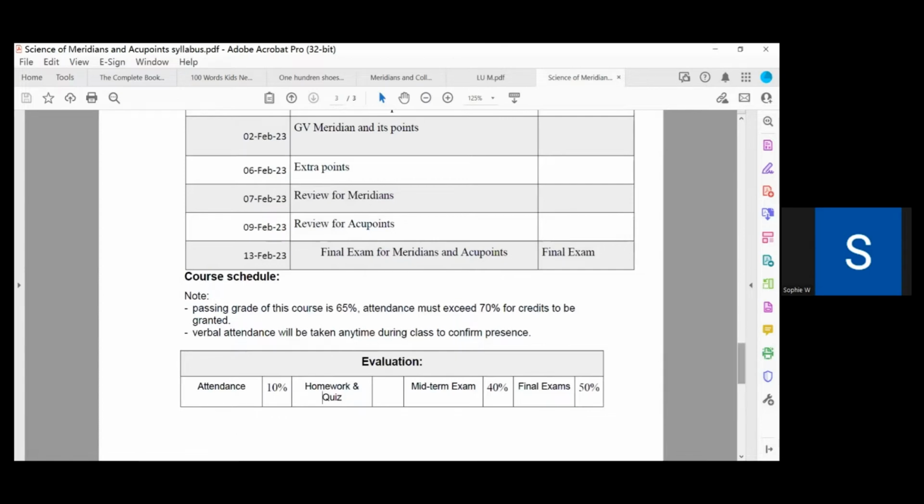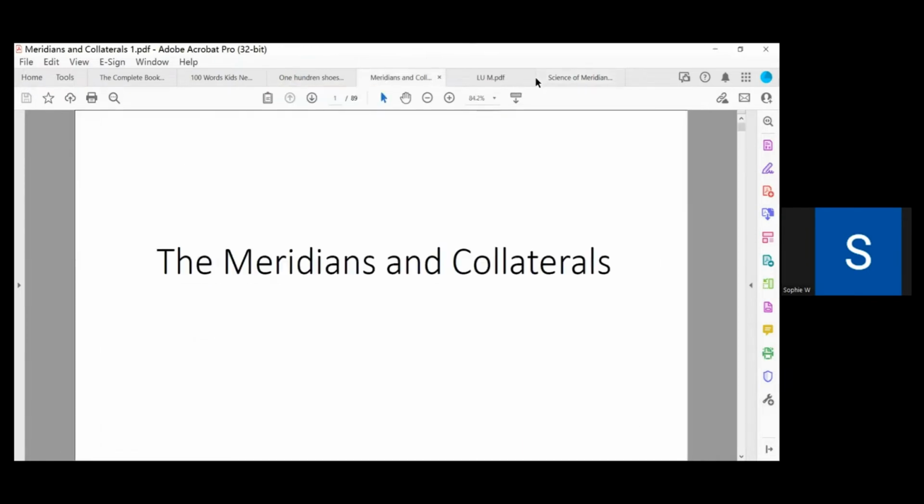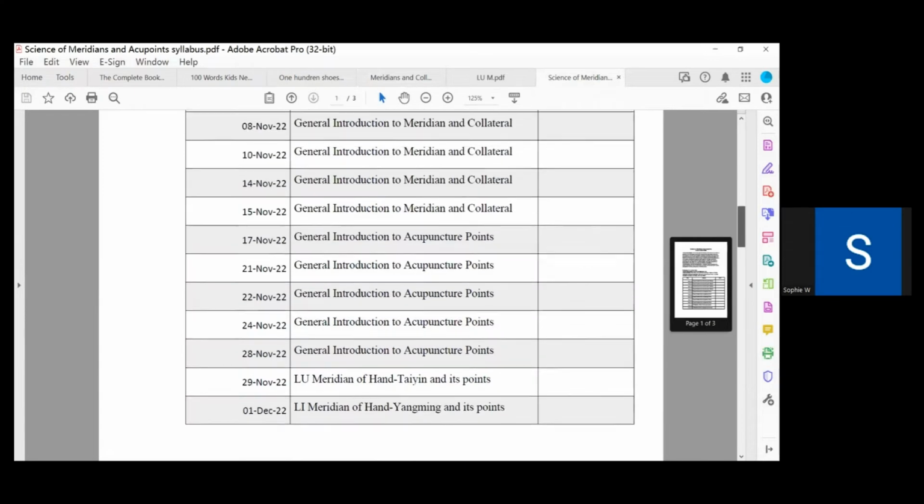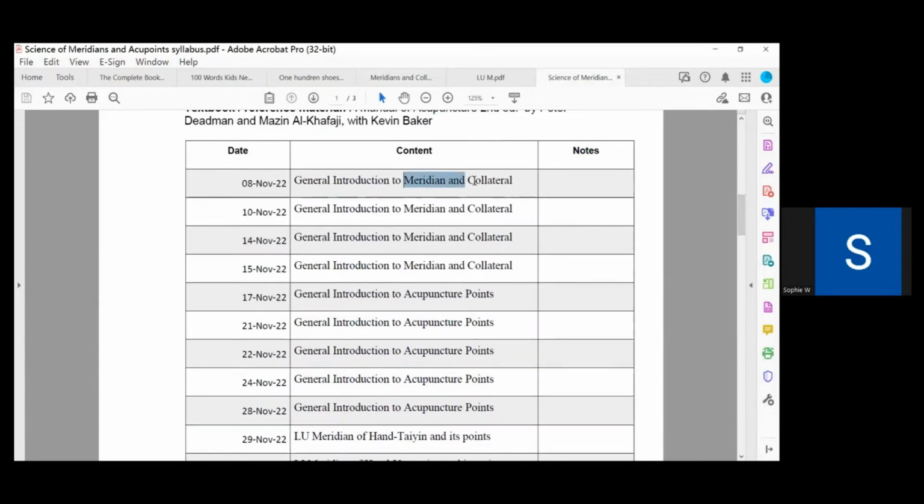Okay, so let's start our lecture. We will talk about meridians first: a general introduction of meridians and collaterals. After we finish this, we will talk about the introduction of acupoints.